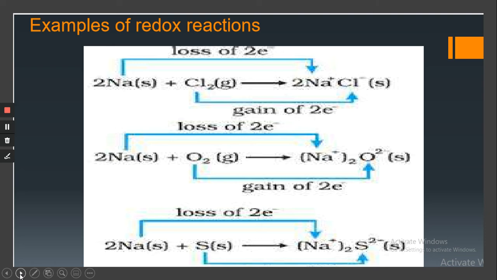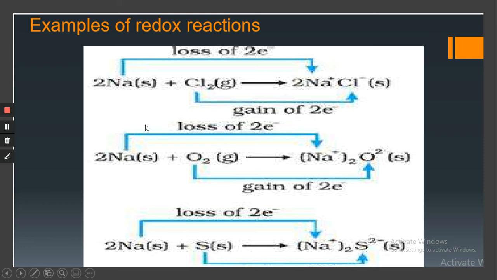See, these are some examples of redox reaction. When sodium and chlorine combine, sodium chloride will form. In this case, sodium loses its electron and chlorine gains the electron. Next example, when sodium reacts with oxygen, sodium oxide will form.